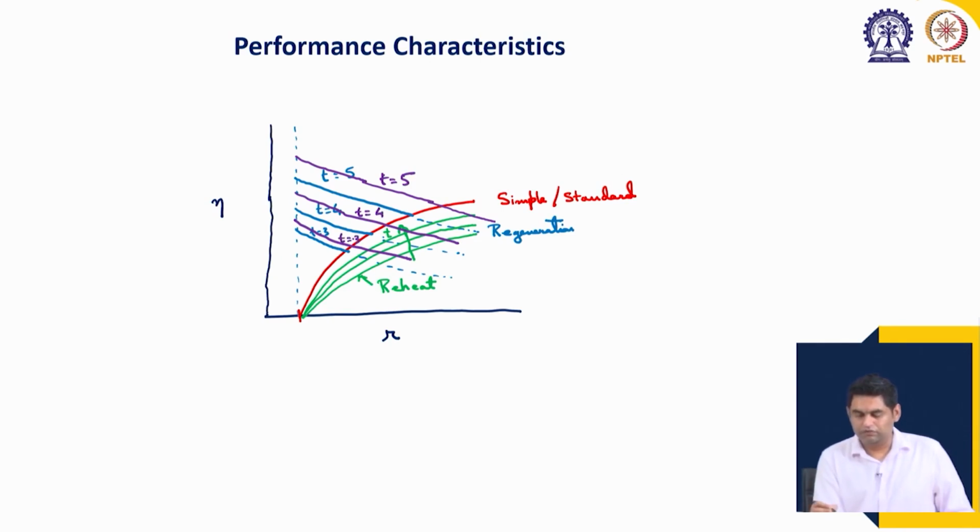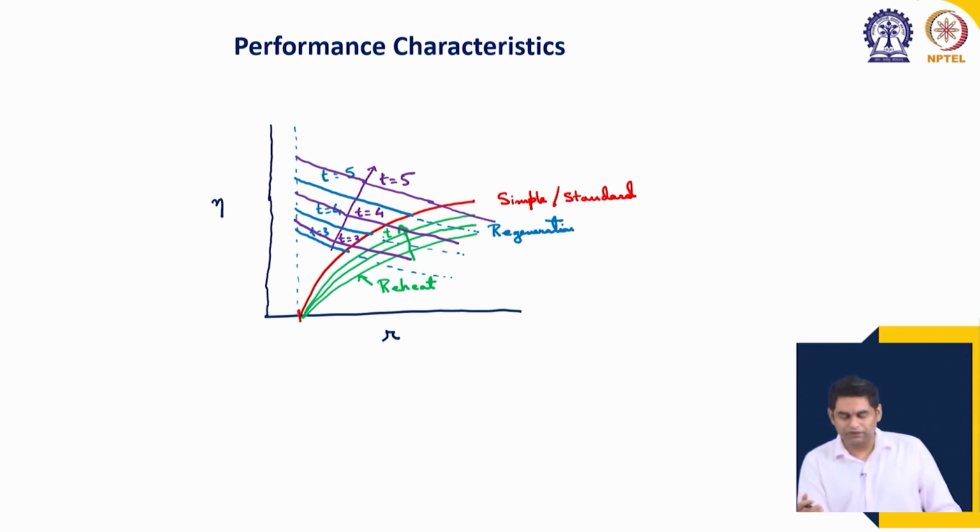With increasing temperature ratio, the efficiency increases, but for any temperature ratio the efficiency is higher as compared to the regenerative cycle where there is no reheat. This is in contrast to the case of a simple Brayton cycle, where adding reheat decreases the efficiency, but here it is increasing the efficiency. What is the reason for that?